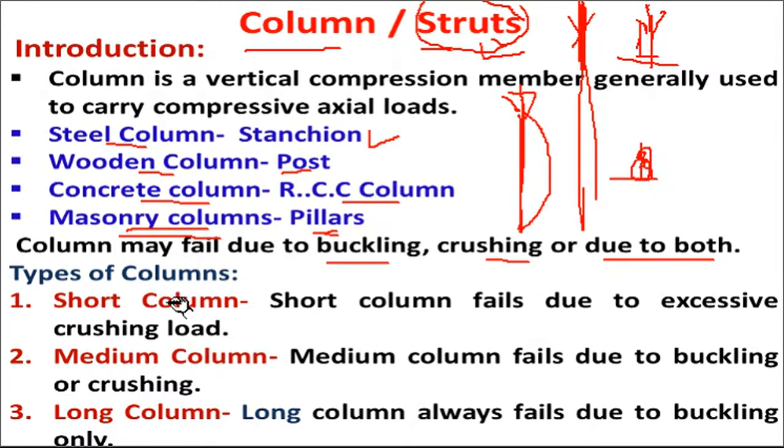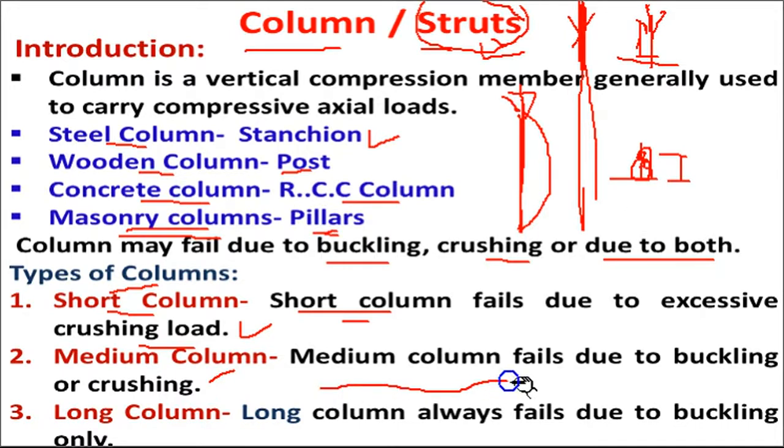Depending on that, there are three types of columns. The first one is the short column. Short means the length is very less. A short column fails due to excessive crushing load. Next, the medium column. Medium means not too tall, not too short, medium length.